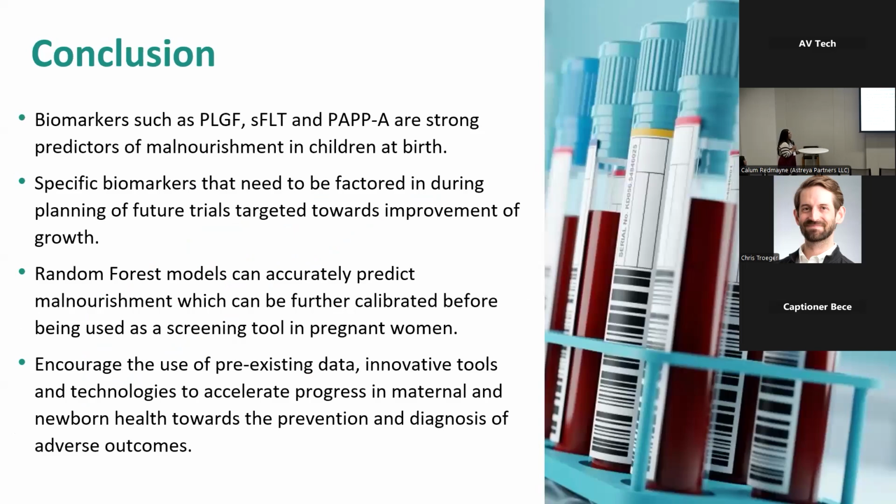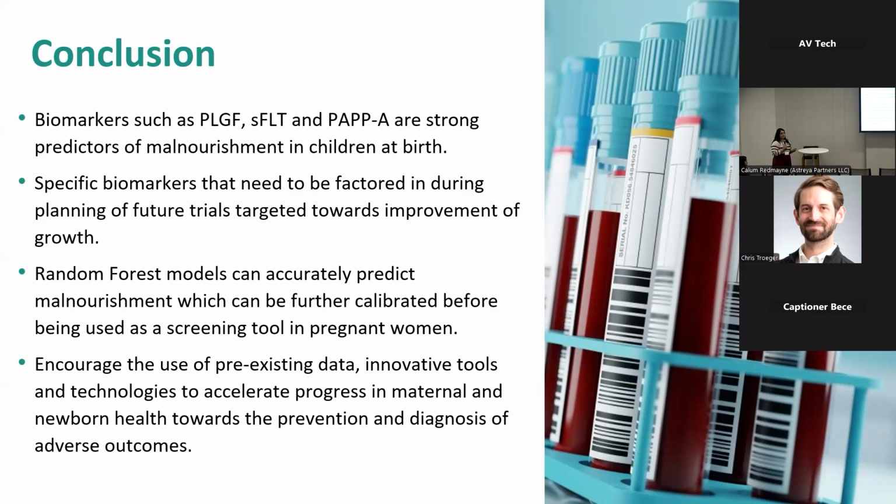So in conclusion, through this work, we were able to demonstrate that biomarkers such as PLGF, sFLT, and PAPP-A are strong predictors of malnourishment in children at birth. Specifically, placental growth factor was identified as the most important biomarker for all of these outcomes.